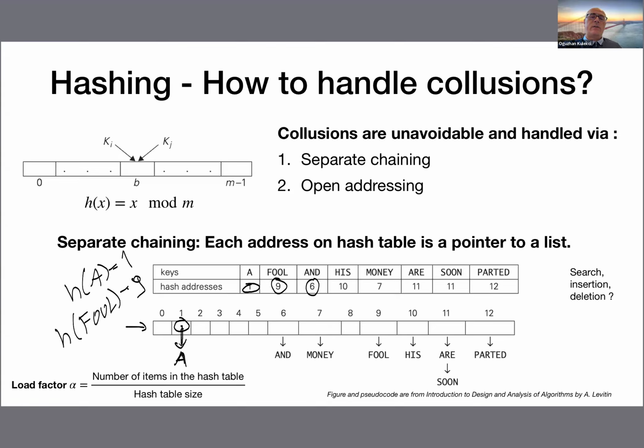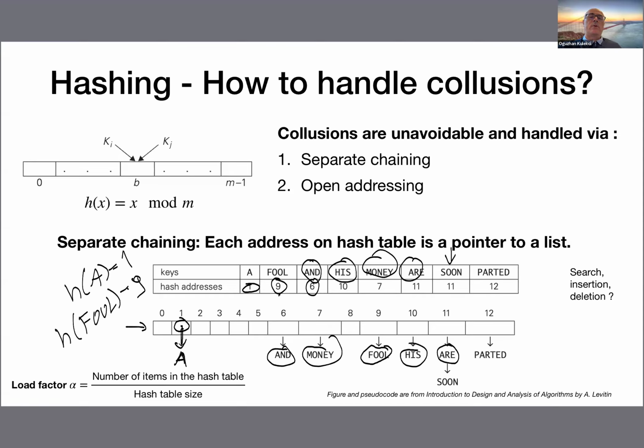For the second one, I go to the 9th position and I just append fool to the list at the 9th position. You keep doing this for AND, that's in the 6th position, his, that's in the 10th position, money, in the 7th position, R, that's in the 11th position.